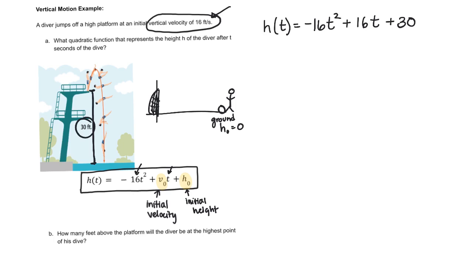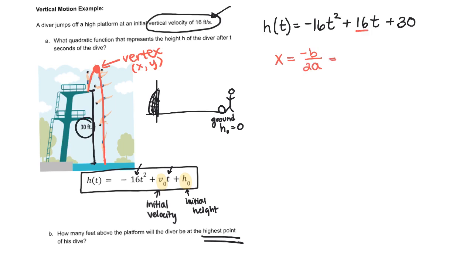B, how many feet above the platform will the diver be at the highest point of his dive? So this is requiring us to remember some things about quadratics. Here's the path. His highest point is right there. That is called the vertex. A vertex is a point, x comma y, and we can find the vertex in standard form by starting with this equation, the opposite b over 2a.